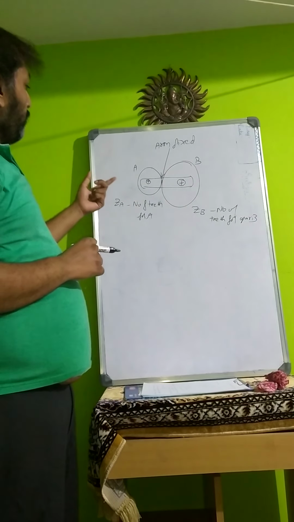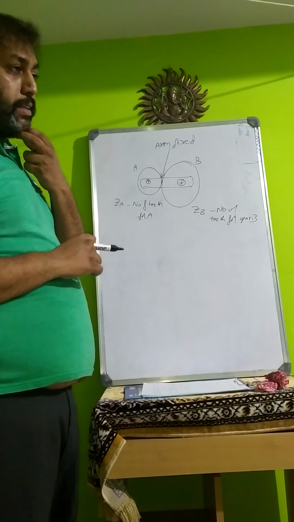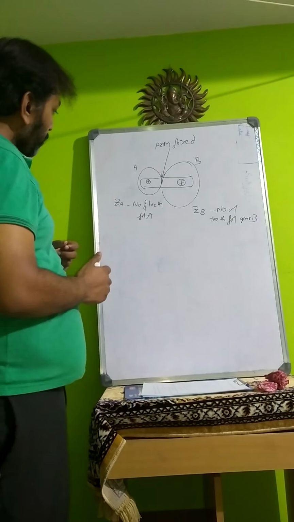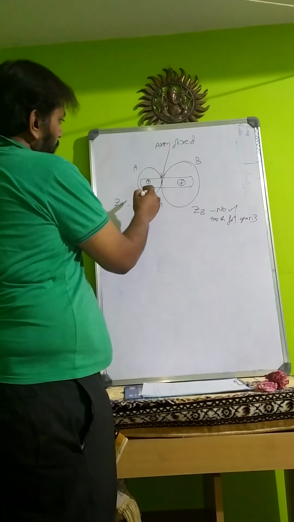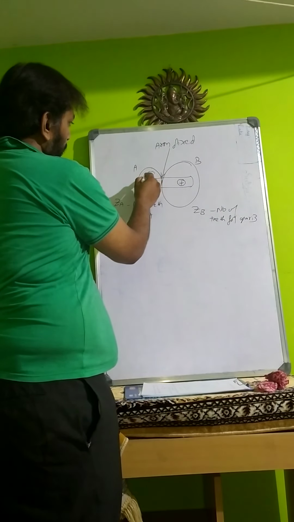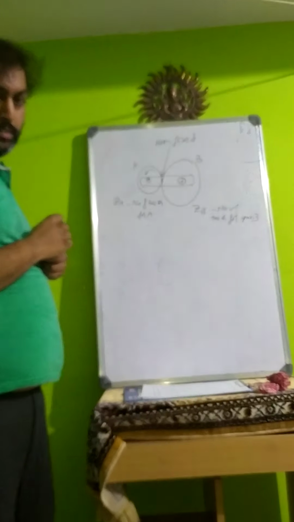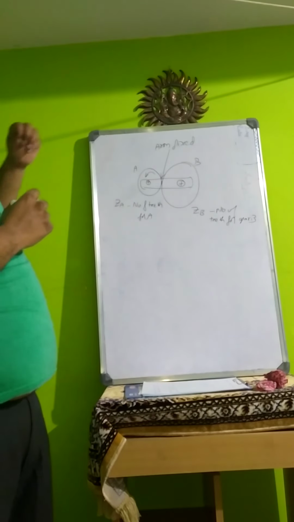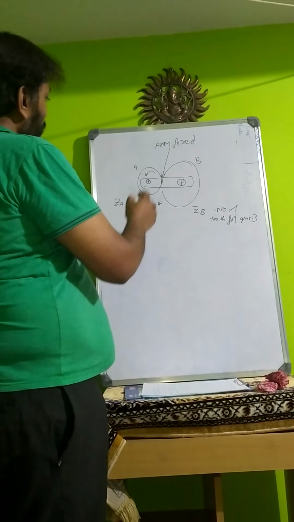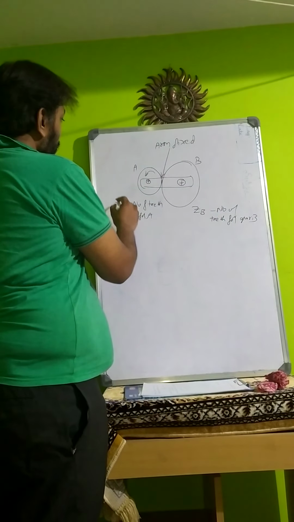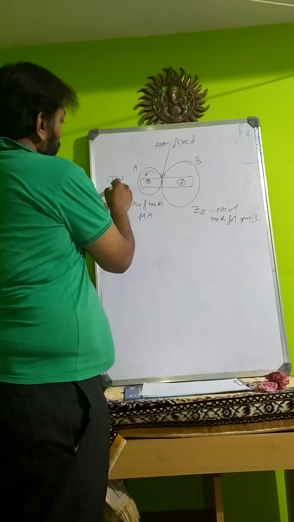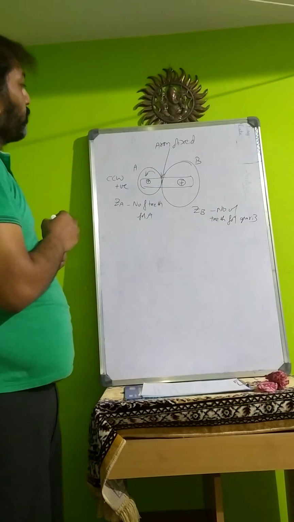So here we have to make some assumptions. Let gear A rotate in the anti-clockwise direction. We take that as positive, that is, counterclockwise motion is positive.